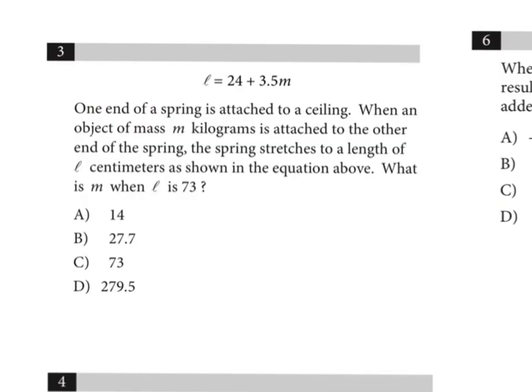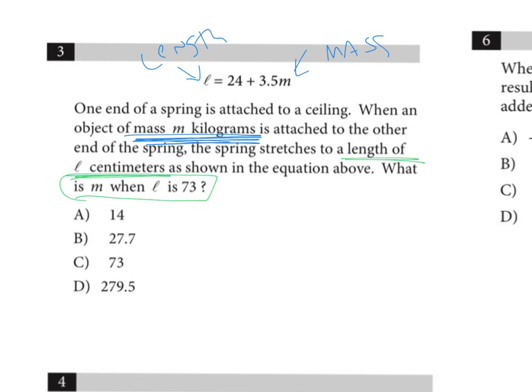Number 3, one end of a spring is attached to a ceiling. When an object of mass m kilograms, so m stands for the mass, is attached to the other end of the spring, it stretches to a length of L centimeters. So L is the length and m is the mass. What is m when L is 73? Well, let me take the equation.